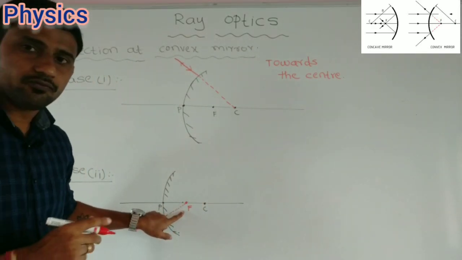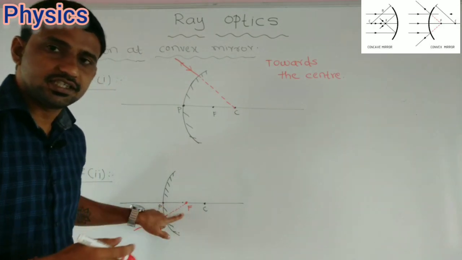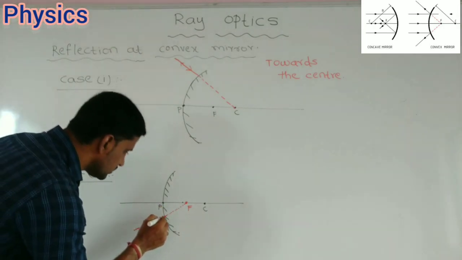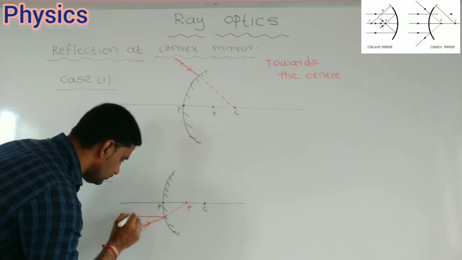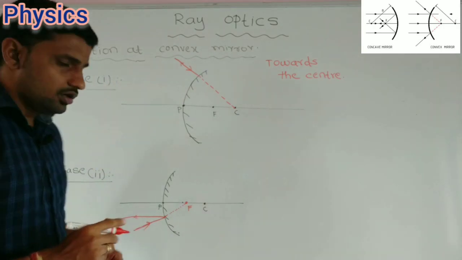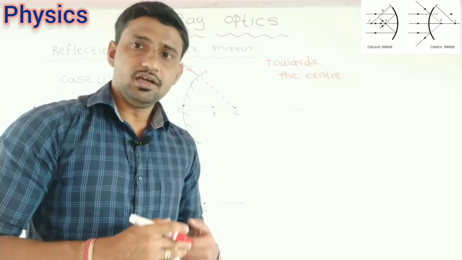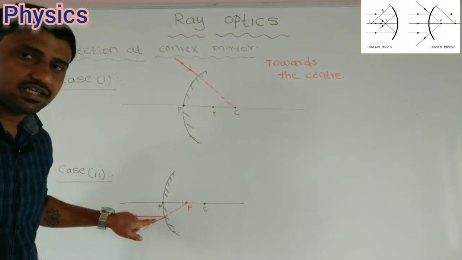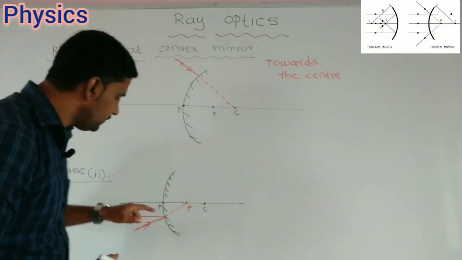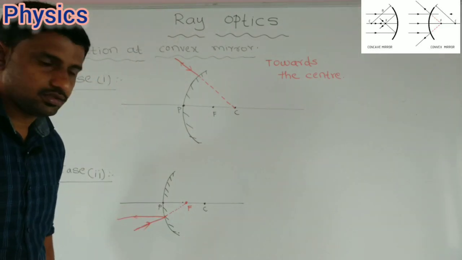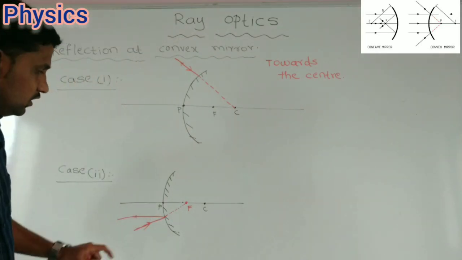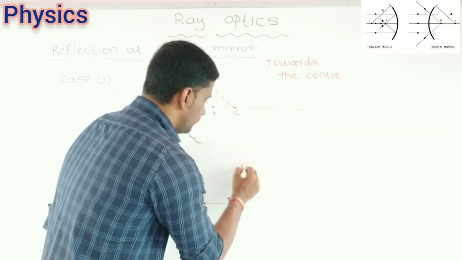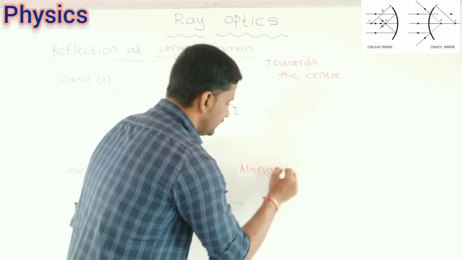Then the incident ray bounces back like this, back into the medium, and that reflected ray is always parallel to the principal axis.